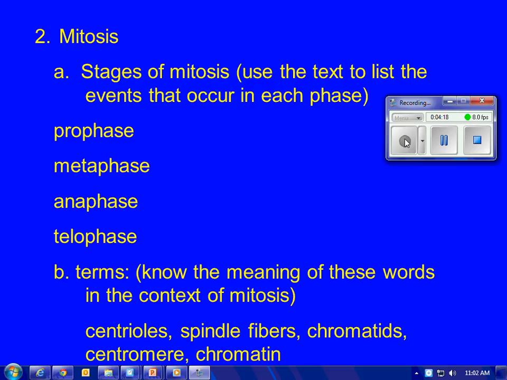So there's kind of 5 terms to know, which are also on your outline. But your textbook has all of these phases described in a couple of different ways on 560 and 561, along with pictures. So that's a good place to be.